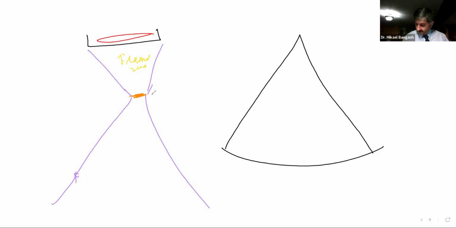Yep. And let's just say, let's keep the colors the same. This point here was our focus. Then this would be where our Fresnel zone ended. Beginning of the focal zone.